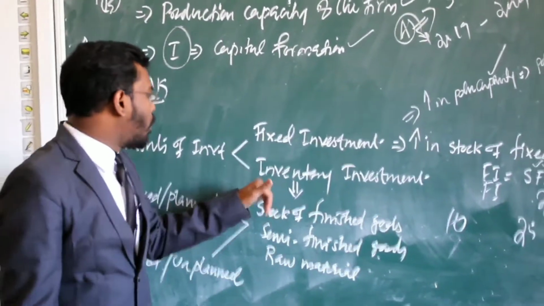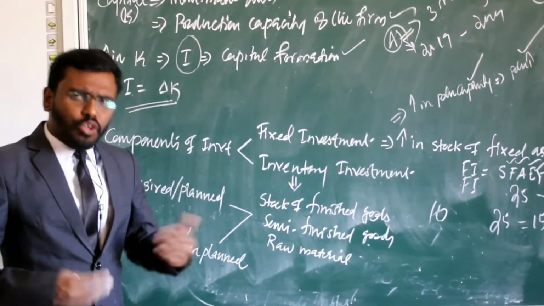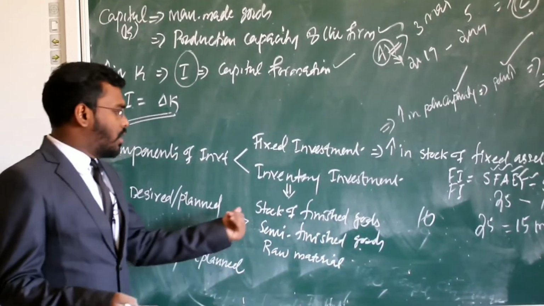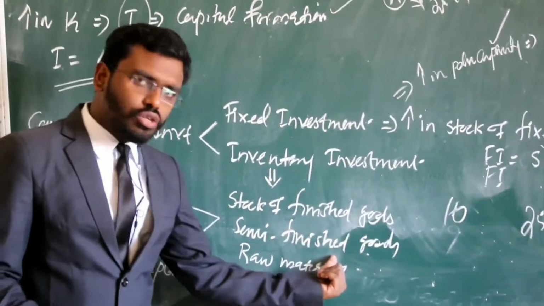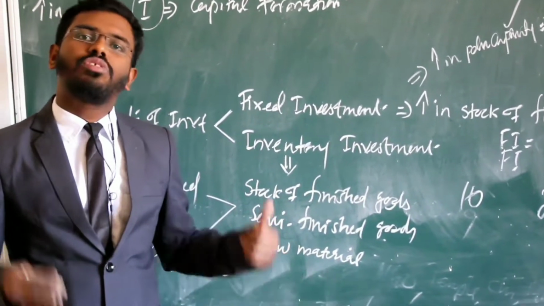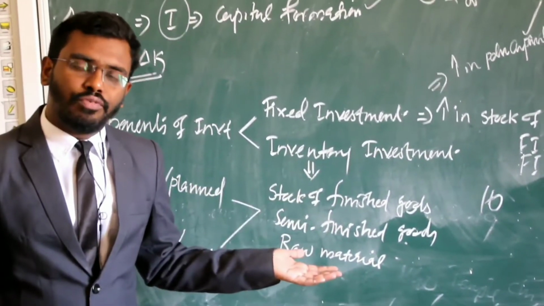And the second component of investment, that is inventory investment. Normally a producer may hold a stock of finished goods in his hand, stock of semi-finished goods in his hand, and a stock of raw material in his hand, because future is uncertain. Anything can happen in future.